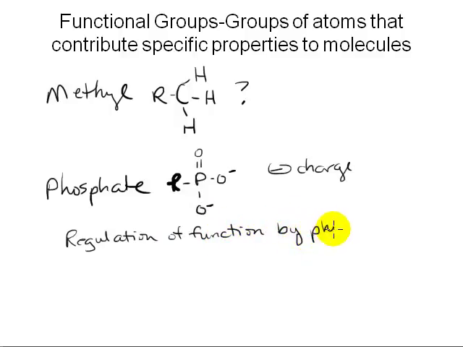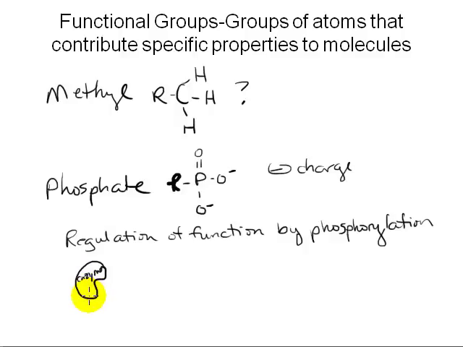So first of all, reversible covalent addition and removal of phosphate groups is a very commonly used mechanism for regulating protein function in cells. So for example, let's say you have a protein in a cell that carries out some critical process. Let's say it's an enzyme that catalyzes, or speeds up, some chemical reaction.